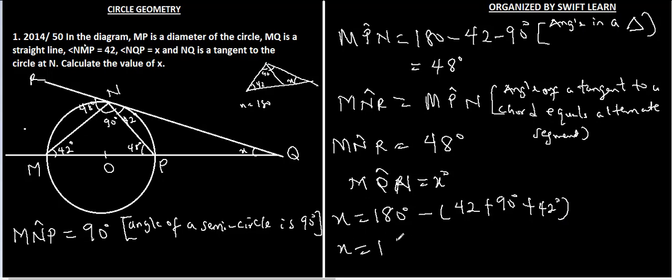Do you get that now? That will be 180 degrees minus, 42 plus 42 is 84, 84 plus 90 is 174 degrees. So my X is equal to 6 degrees. That's the final answer. So the value of X is 6 degrees. If you have any question, you can drop it in the comments section.